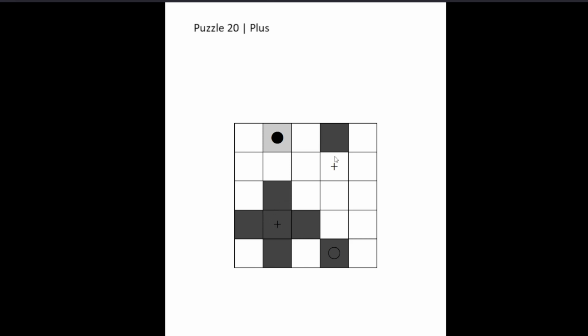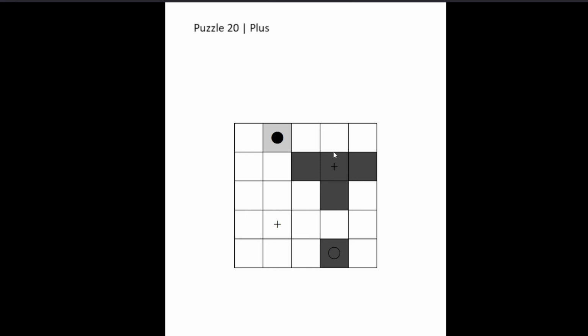If this is black and this is black, let's say it's possible to do this puzzle where these are both black. They don't have to even be plus signs, right? But if these are black and symmetrical, then if you can make a solution with that, then you can also make a solution with this.